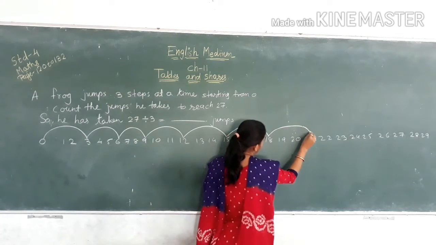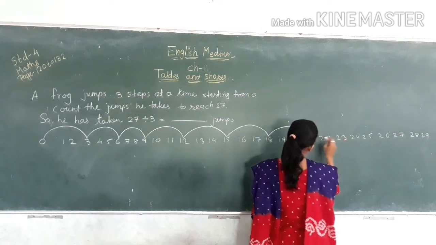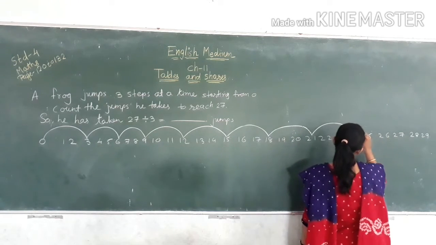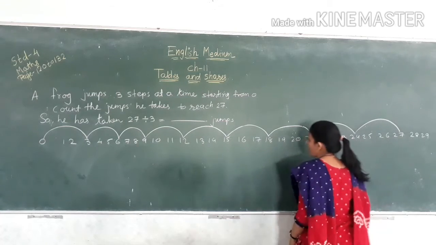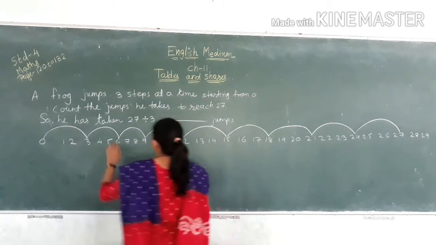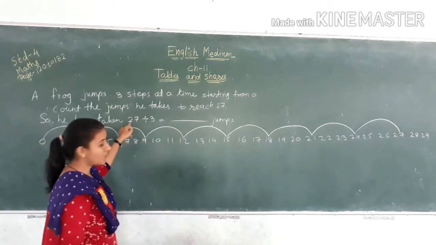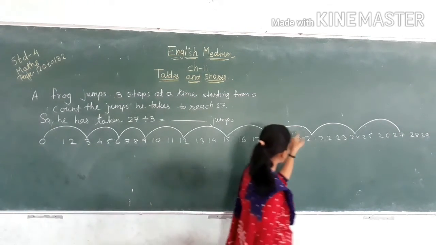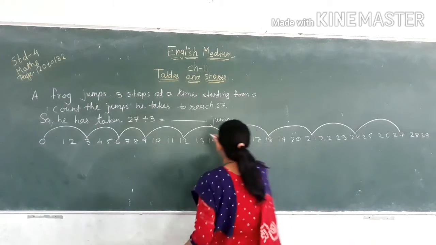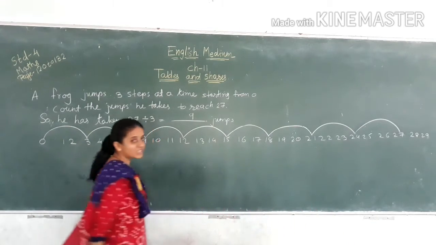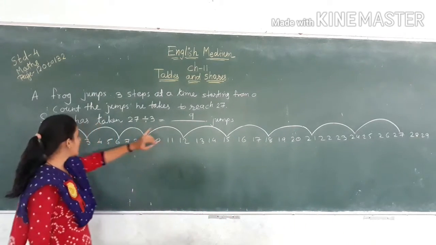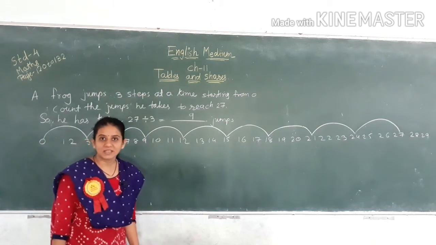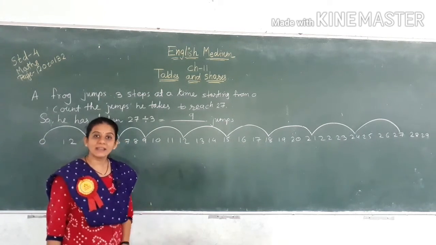Then 1, 2, 3. Again 1, 2, 3. Now we count how many jumps he takes to reach 27. 1, 2, 3, 4, 5, 6, 7, 8, 9. So we get the answer: 9 jumps. He has taken 9 jumps.